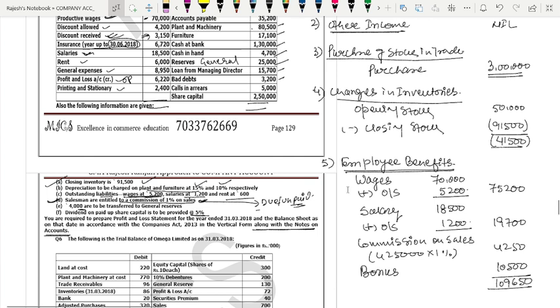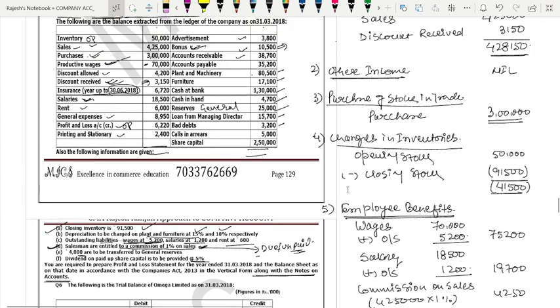Now we have to solve after this employee, finance cost. Is there any loan on which interest the company is liable to pay?